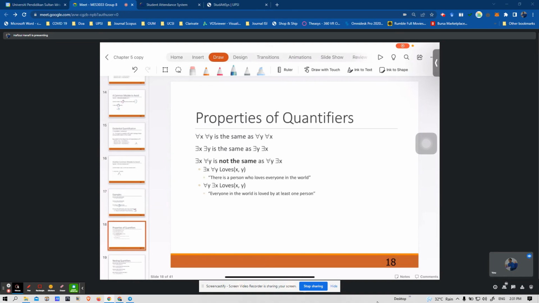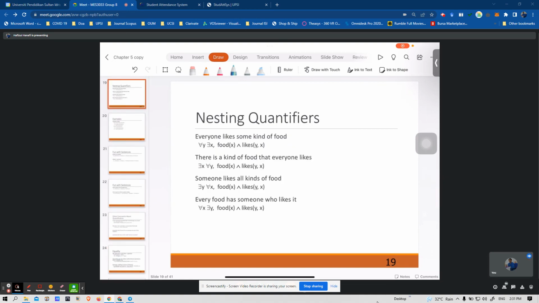Okay, the properties of quantifiers for x are the same. It is the same properties with the quantifier. And then we have nested quantifiers, where we join more than one quantifier. Everyone likes some kind of food.